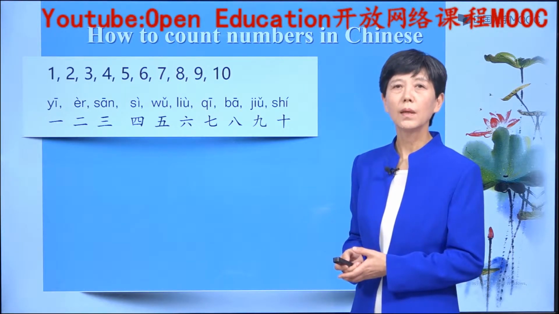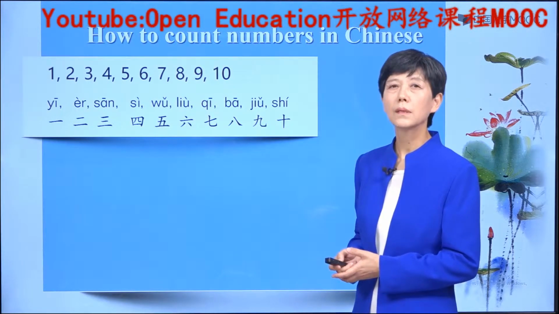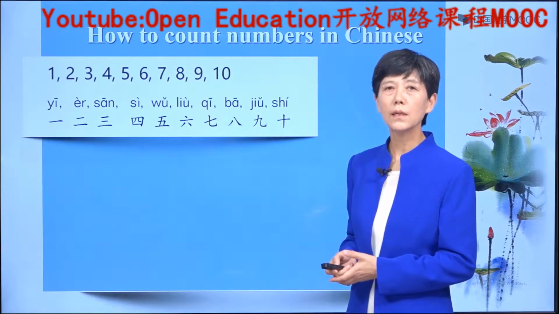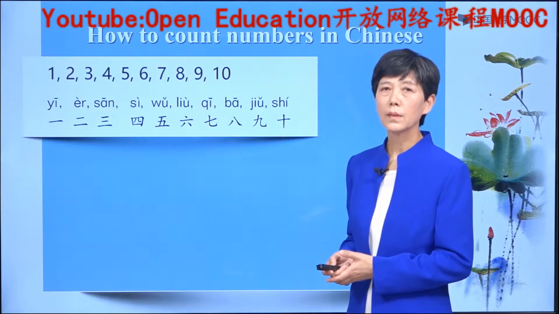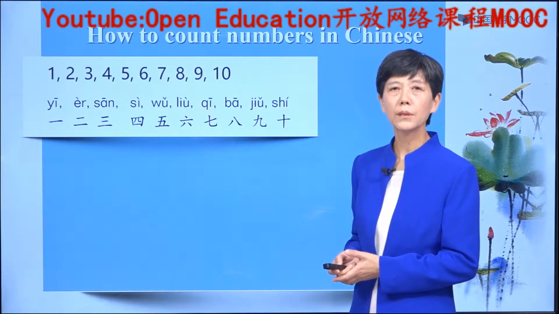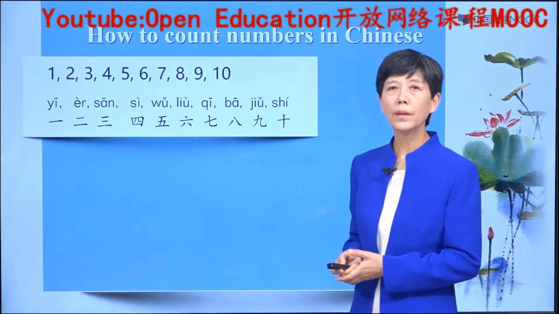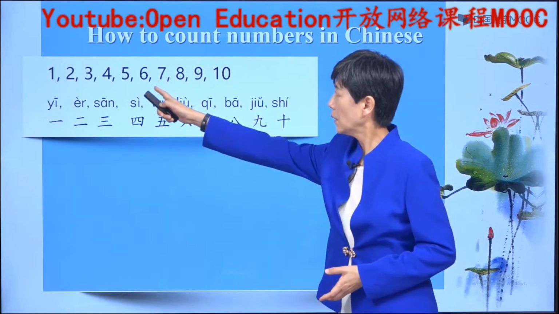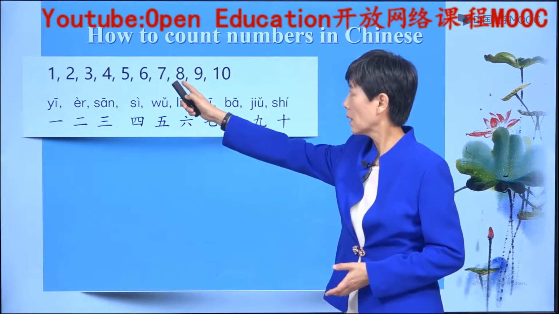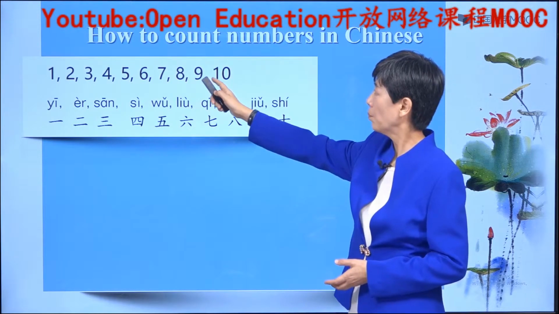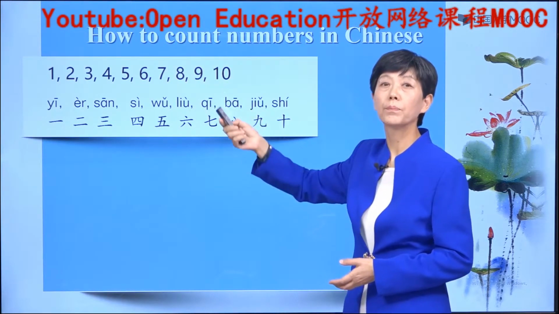Listen to me. 1、2、3、4、5、6、7、8、9、10. So how to write them? There are two ways to write numbers in Chinese. You can write them in Arabic numbers as 1、2、3、4、5、6、7、8、9、10.